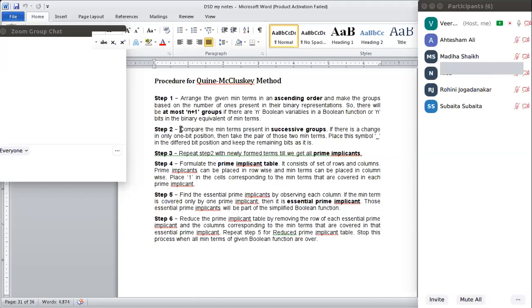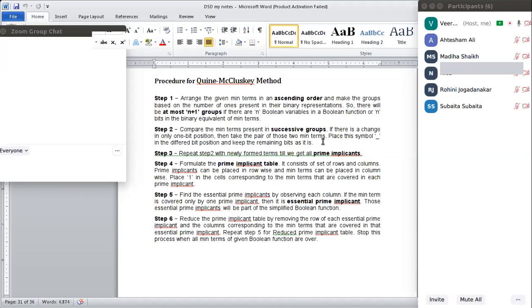Right? Then we make groups. Wherever the number of ones is single, we put all those terms in a single group. Then we compare each group with the successive group, and here we choose only one differing value.